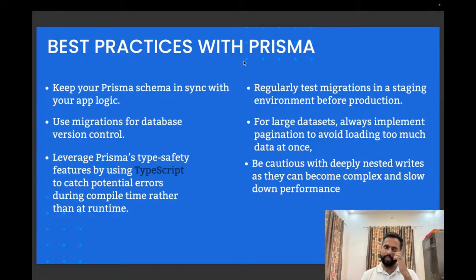Prisma ORM allows you to send plain SQL queries to your database, but it might not be the best fit if you prefer working with SQL-based abstraction. So what is the main feature of Prisma? Prisma ORM's main benefit is to provide an abstraction layer that makes you more productive compared to writing SQL directly. That's how Prisma works.